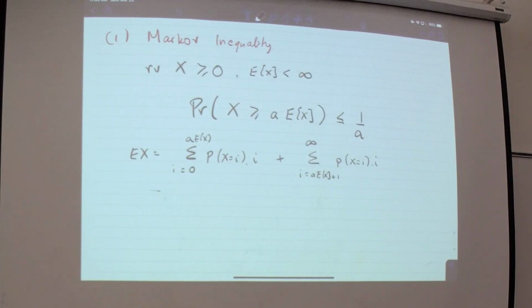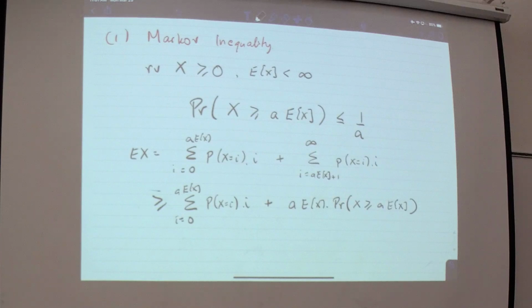So we can write this as greater than or equal to the first part plus the second.